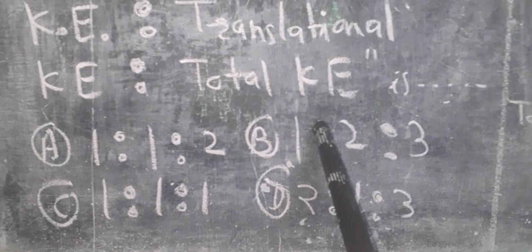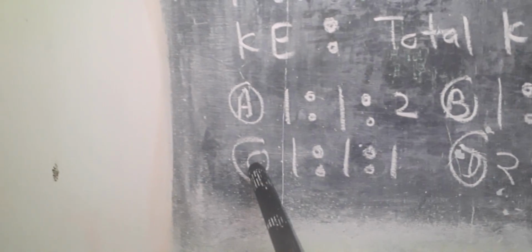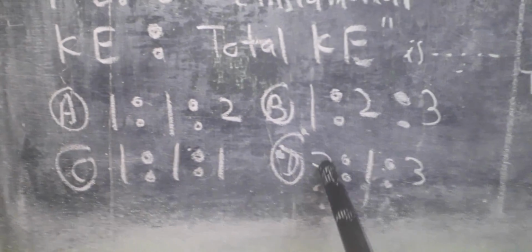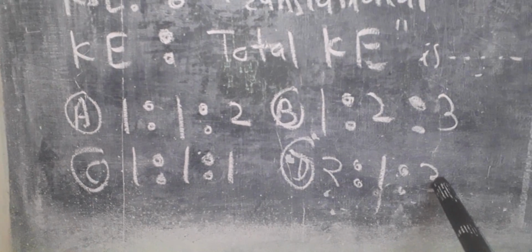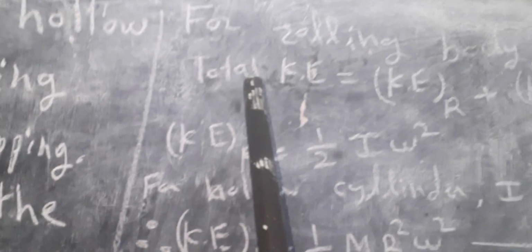Second option is 1:2:3. And third option C, 1:1:1. And fourth option 2:1:3. So we have got 4 options, and we have to find out which of these 4 is the correct answer. So let us see the answer.